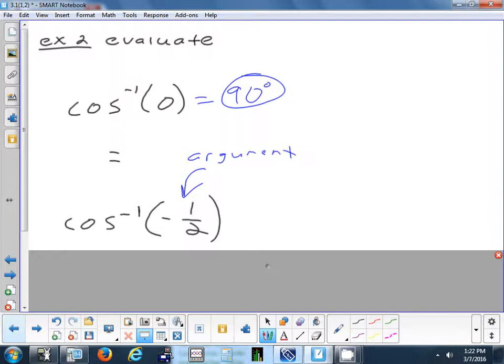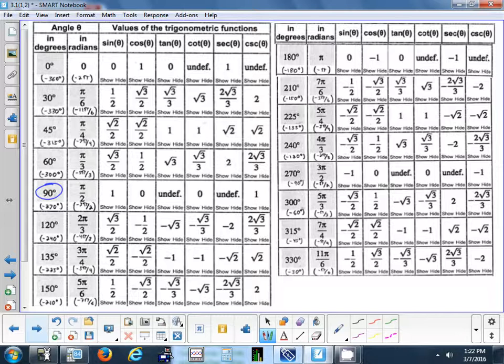Okay, how about inverse cosine of negative 1/2? Yep, you see it in 2 spots. Negative 1/2 is across from the 240, and it's also across from 120.